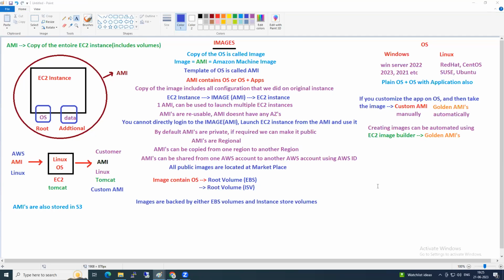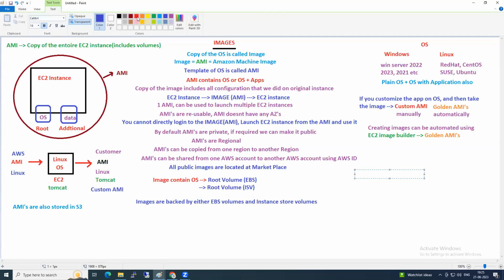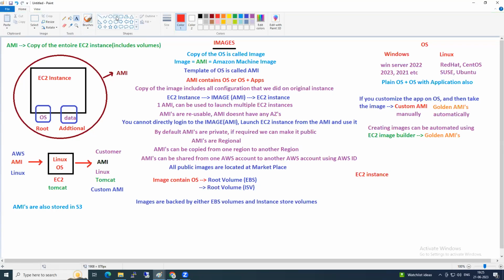Guys, and one more, this is one certification question for you. See, I have launched one EC2 instance. Let's imagine it has 2 volumes. How many volumes are there? This is a certification question. I have 2 volumes. And from this EC2, can I create an image out of it?